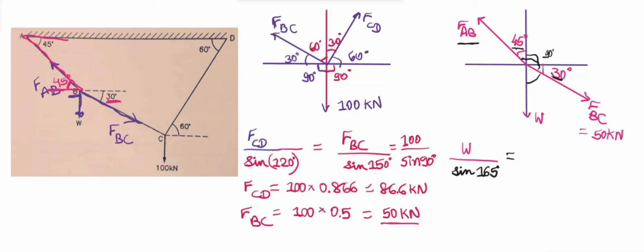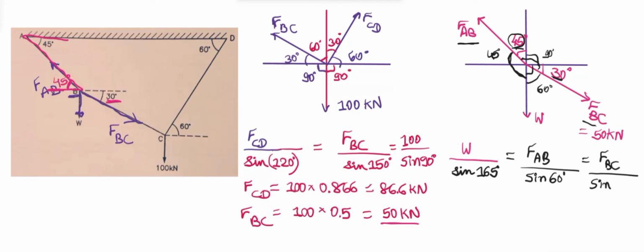For FAB, the opposite angle is this one, which is 60 degree. FAB upon sine 60 degree. FBC is equal to 50 kilonewton. FBC upon sine of, this is the opposite angle, which is 90 plus 45. So it will be sine 135 degree.